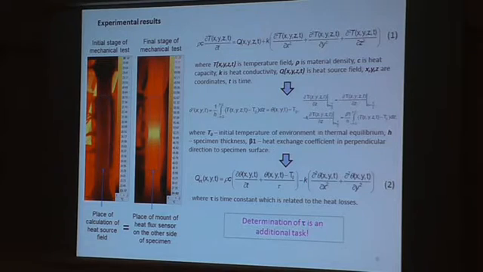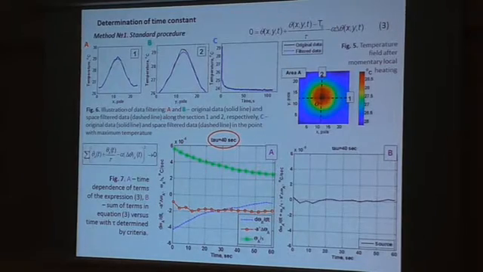A few hours ago it was shown in the same room that this constant tau is really a big problem, and this constant describes the interaction with the environment. There are several ways to determine this constant.